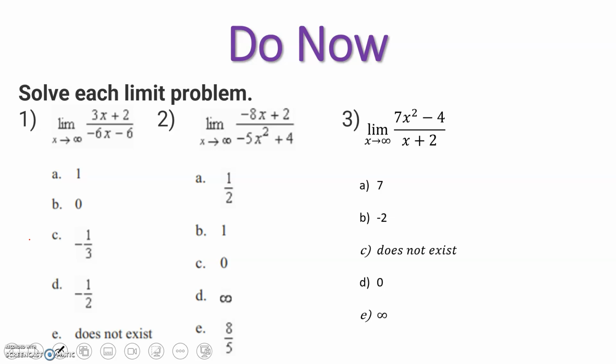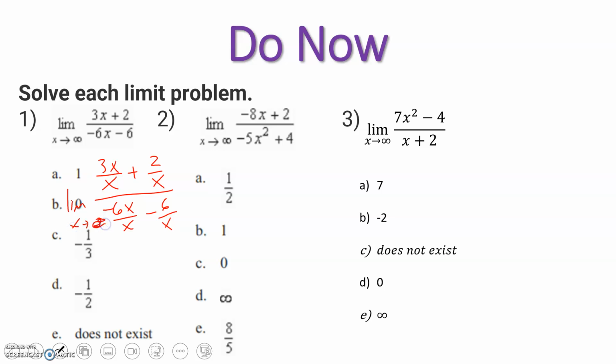So our first one here is the limit of (3x + 2) over (-6x - 6). If we rewrite this, we get 3x over x, 2 over x, -6x over x, minus 6 over x, right? And the limit as x approaches infinity.